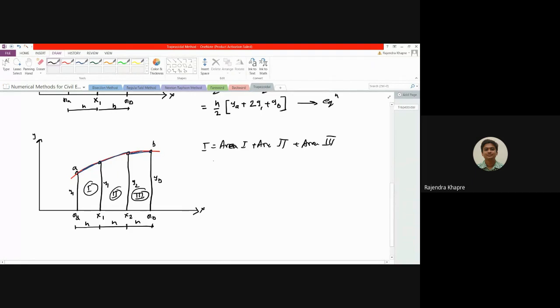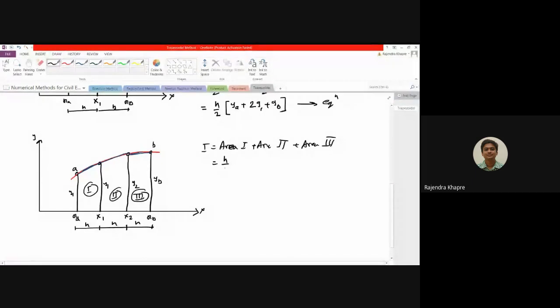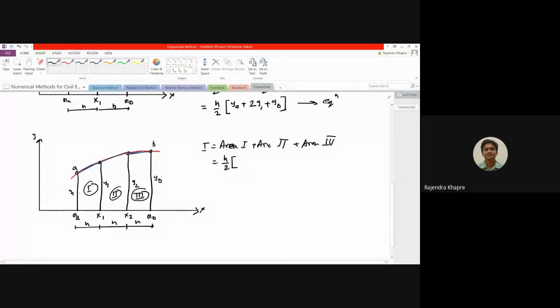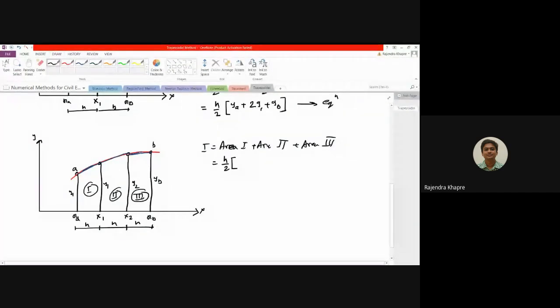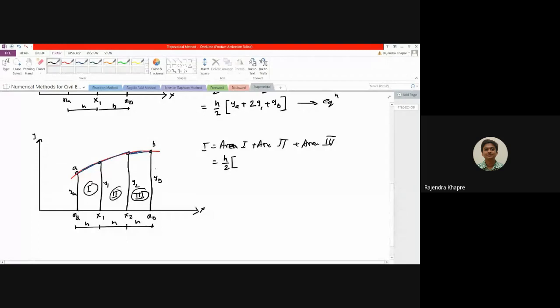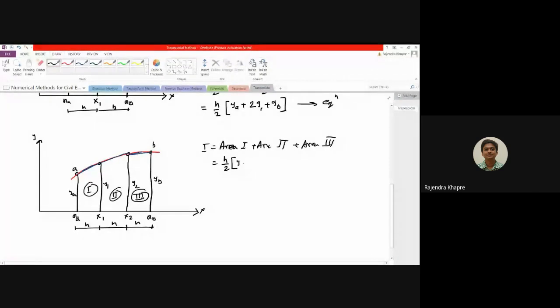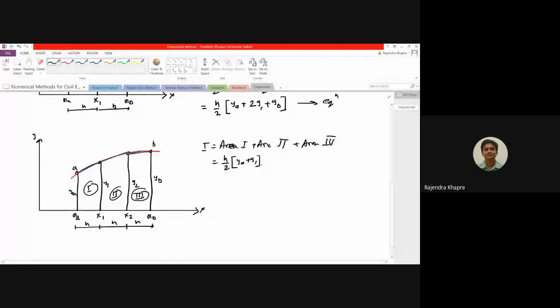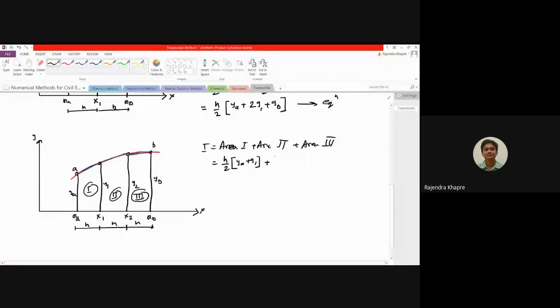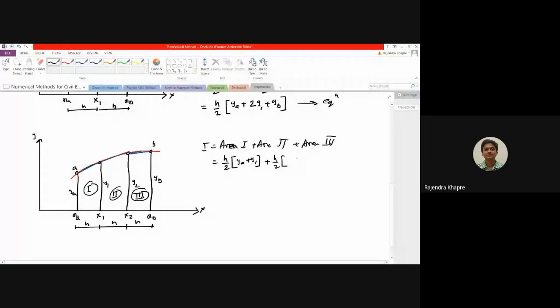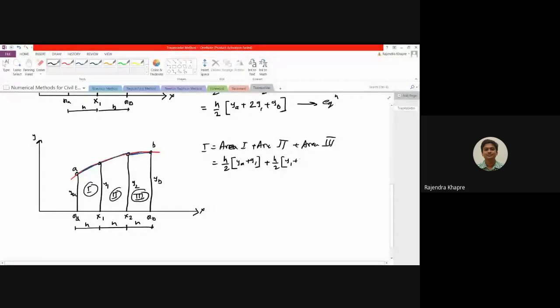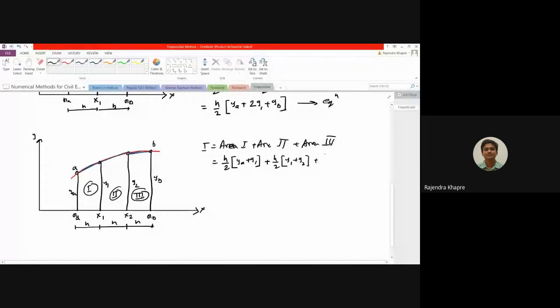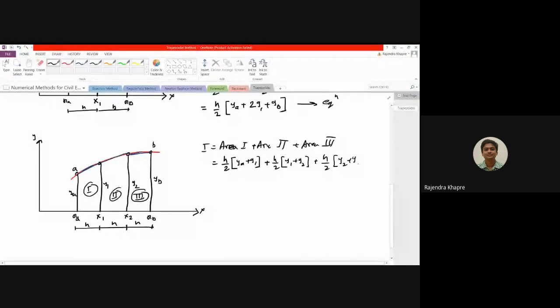So the equation can be written as h by 2 into, this is ya, sorry, not y, this is ya plus y1. Then the second area is h by 2 into y1 plus y2, and lastly h by 2 into y2 plus yb.